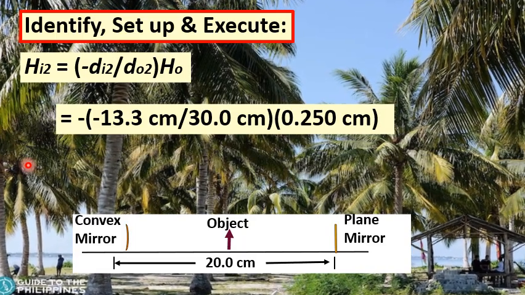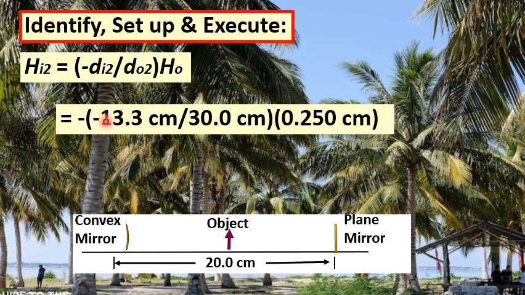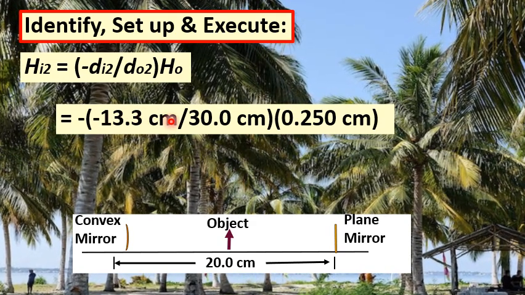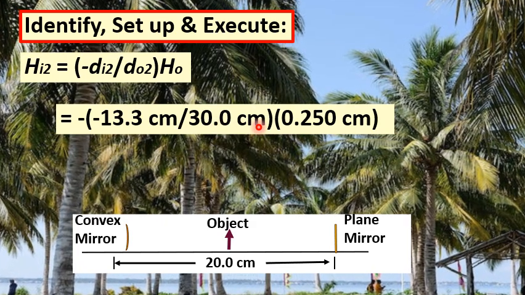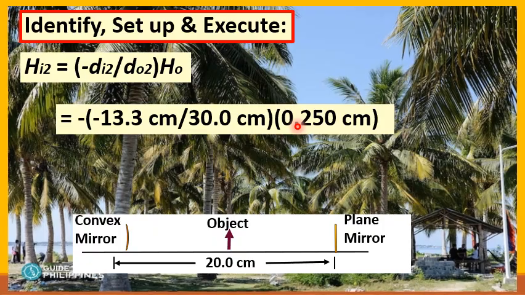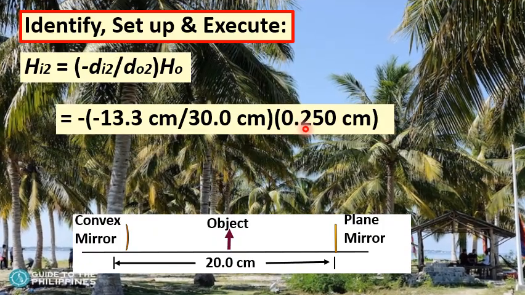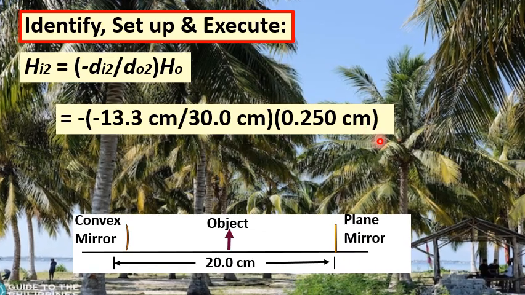That is, h sub I2 becomes negative multiplied by quantity negative 13.3 centimeters over 30.0 centimeters, and then multiplied by the value of h sub O, 0.250 centimeters.